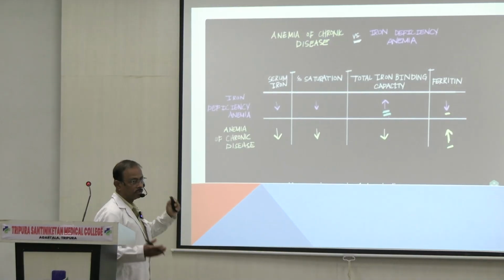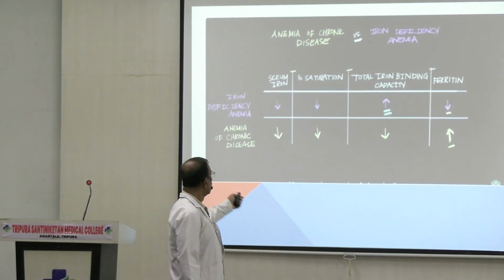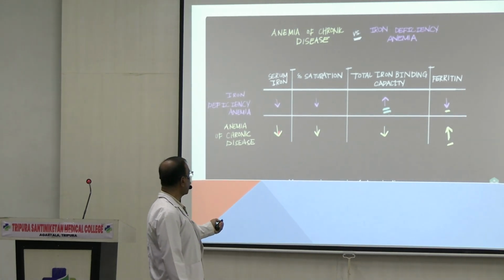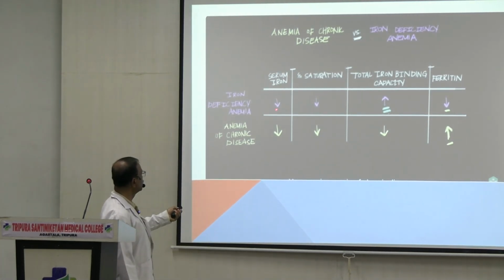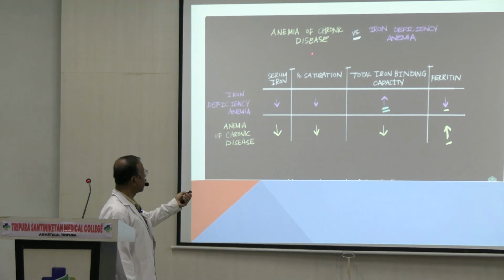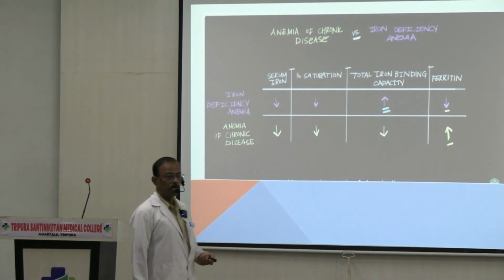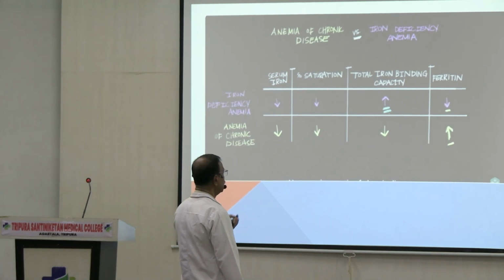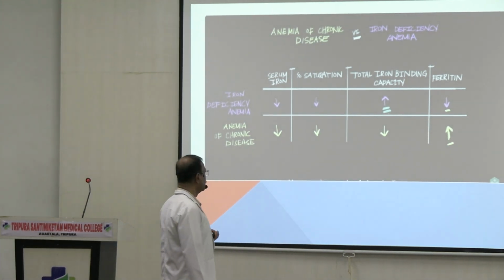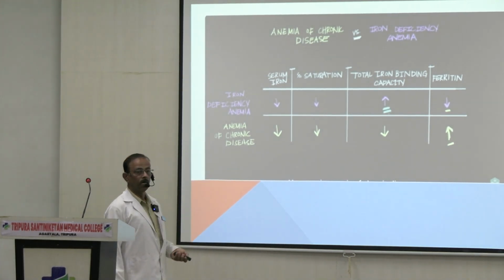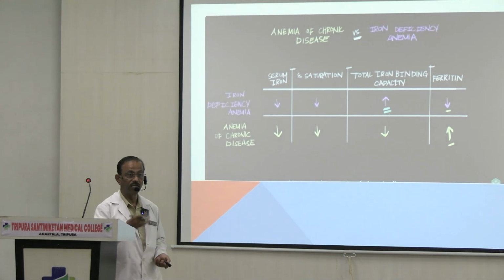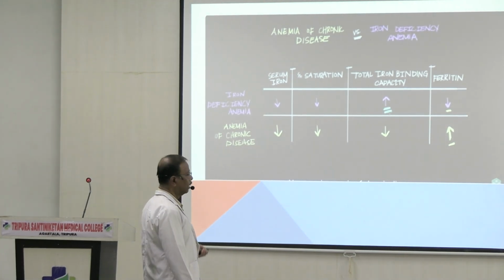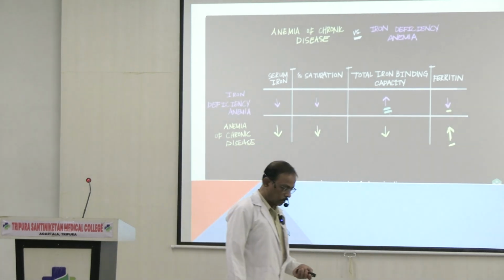Now, as there is anemia, hemoglobin will be less, and total serum iron will be less in both iron deficiency anemia and chronic disease. Percentage saturation of iron will be less in iron deficiency anemia and also in chronic disease, because free iron is not there for binding to the transferrin.